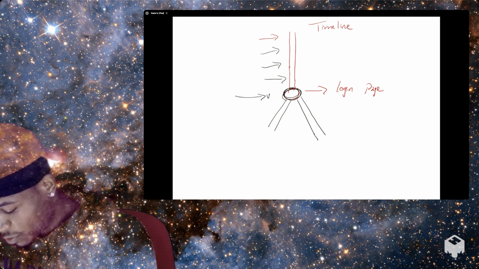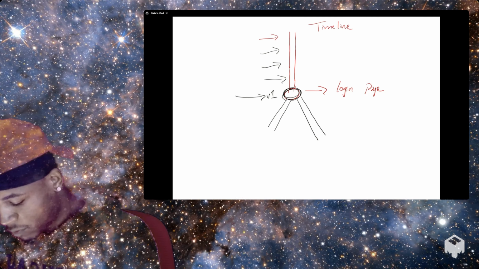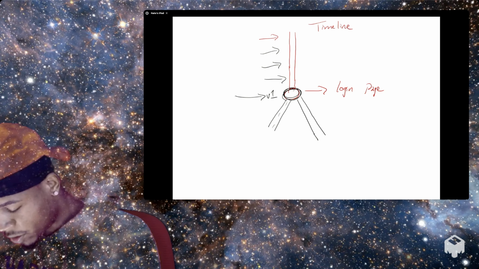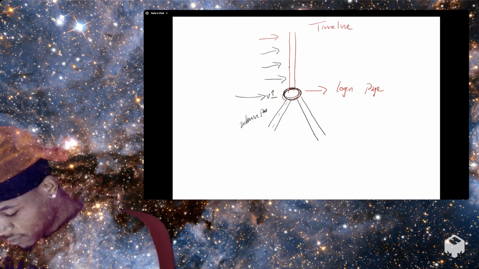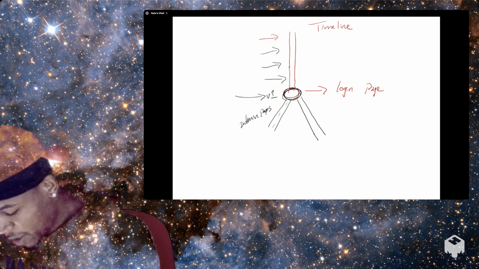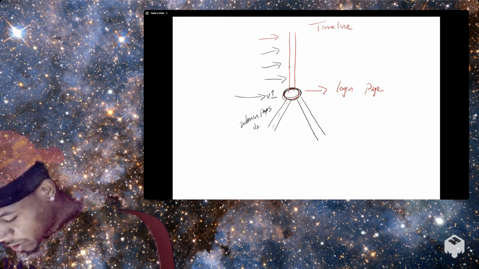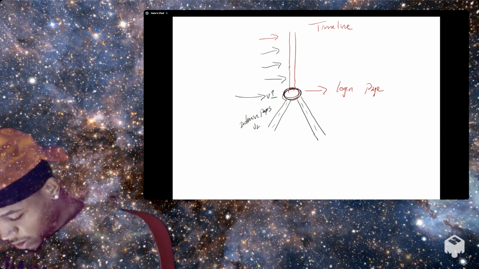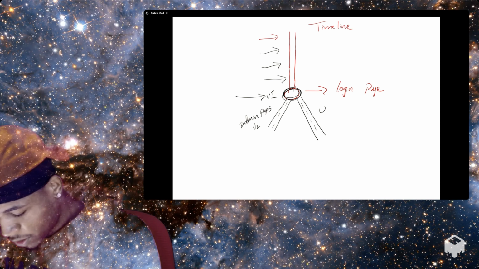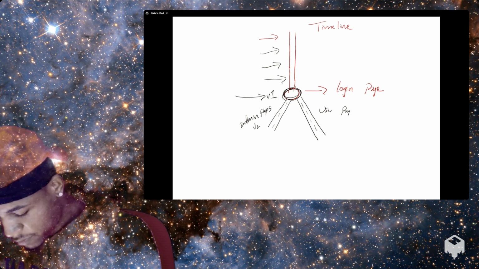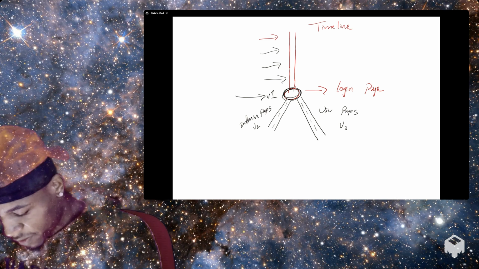We say this is V1, this is version 1, but someone's gonna go over here and work on the admin pages, and the admin pages are gonna be done in V2. But afterwards, we probably go knock out the, let's call these user pages. And these are going to be a part of V3.